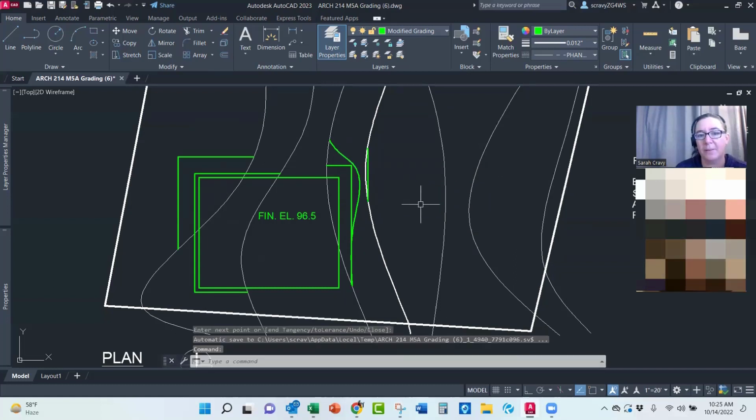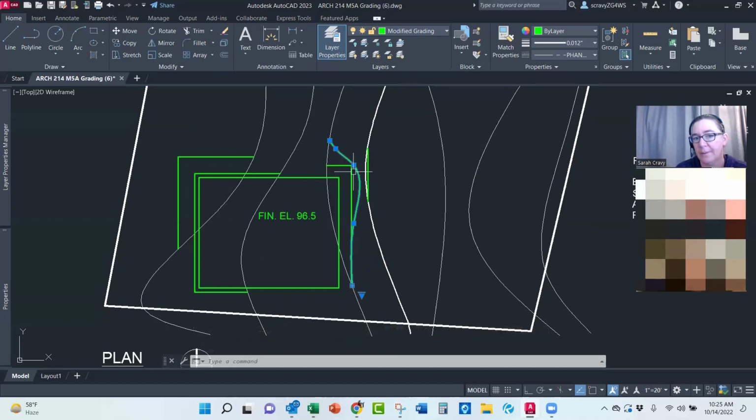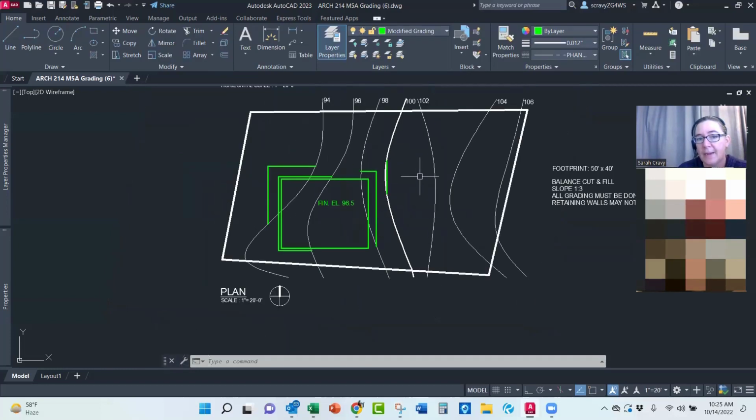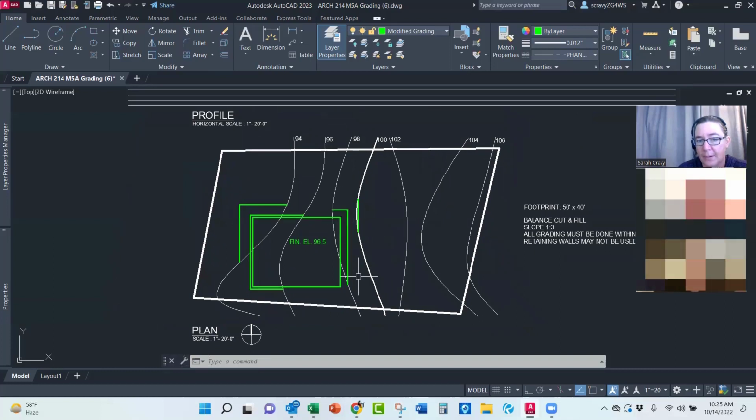Because that would be a smoother curve. But notice that it never comes closer than that 4.5 feet. But either way is acceptable, right? Either way is acceptable. Okay.